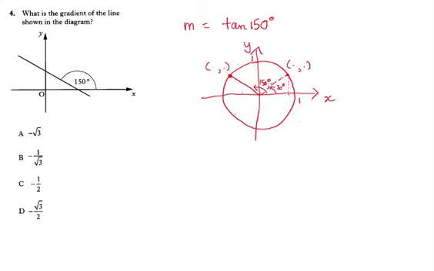And the tan of 150 is exactly the same for this point, y divided by x. Now the y coordinates are identical, the x coordinates are not. Whatever this x coordinate is, this will be the negative.